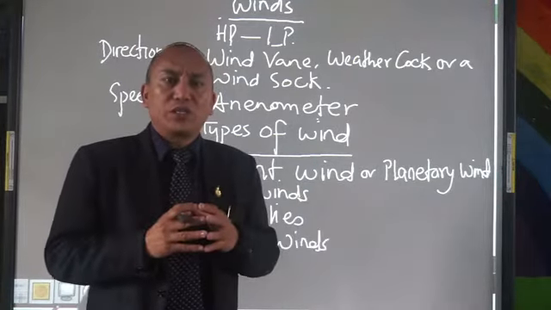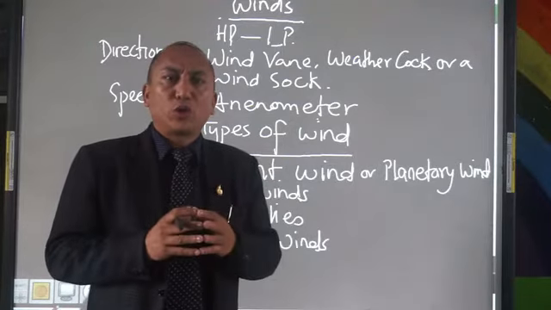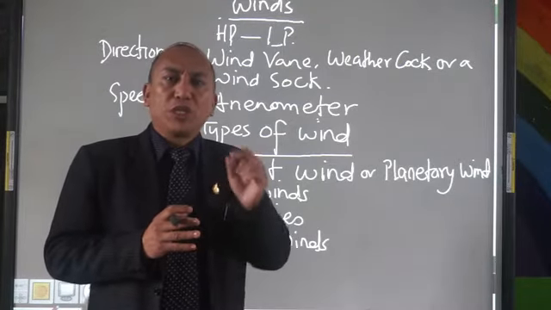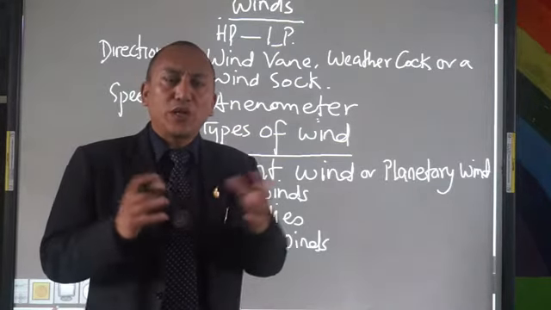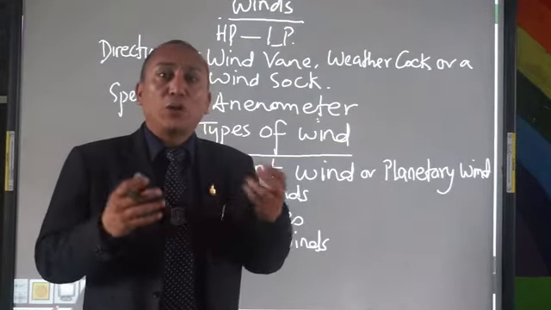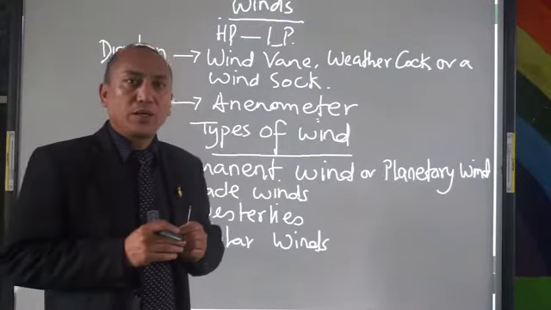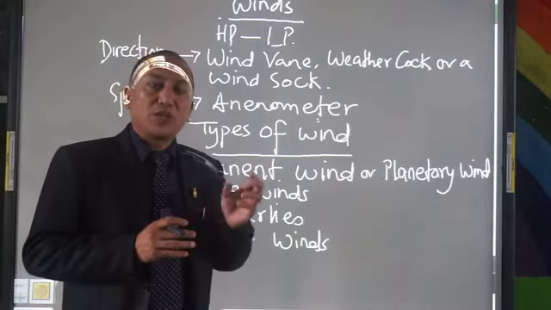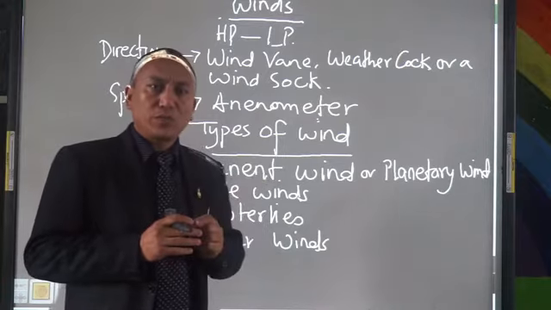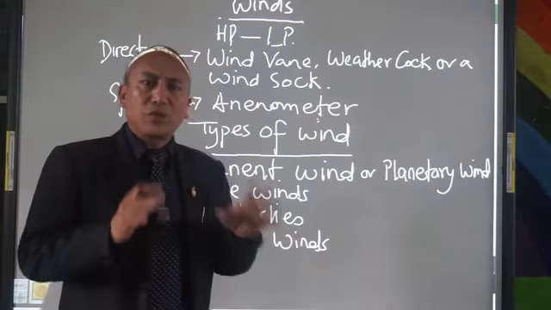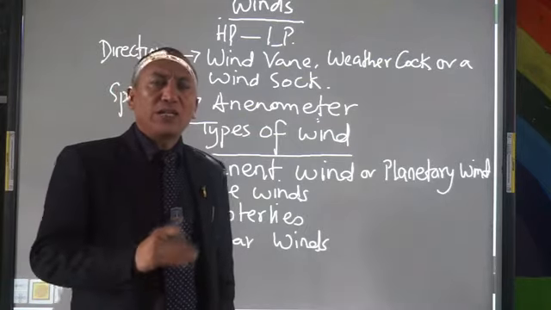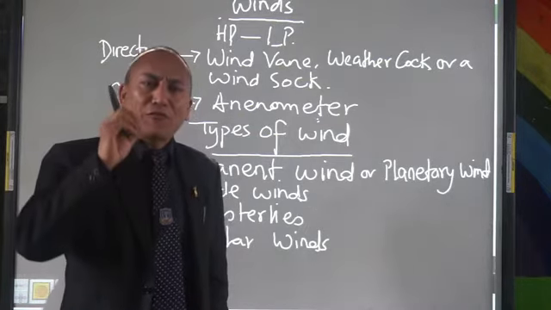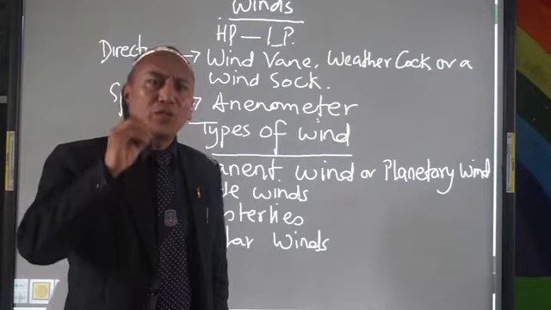That's why they call it the doldrums, the equatorial low pressure belt. From 0 degrees to 5 degrees, they call it the doldrums because there are no winds. I even explained the horse latitudes in the subtropical high pressure belt, where very little wind blows. So some areas the winds are very strong, some areas very mild, and in some areas practically very little wind blows.